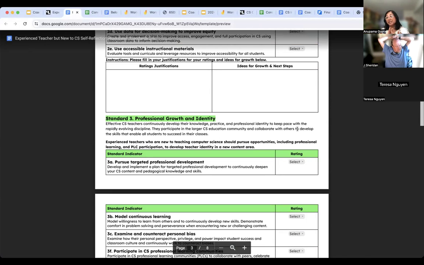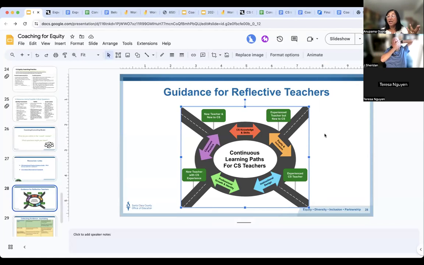At the end, they can do another one to see their growth and their understanding. This is just a tool you can share with the teachers. It's up to them whether they want to use it, but you can tell them that it will give them their own understanding of where they stand in understanding the CS standards.